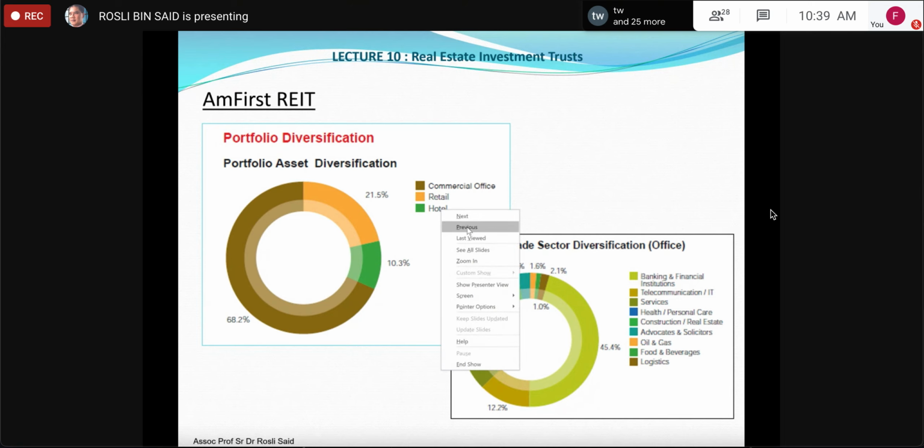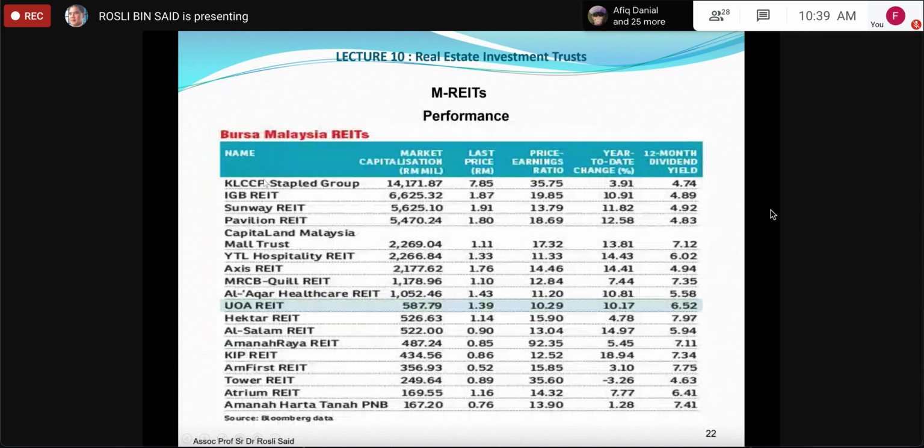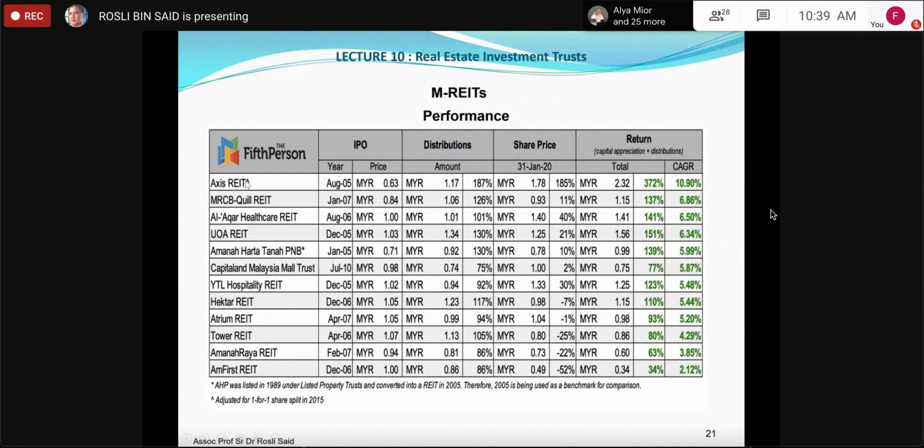So let us check the price of first rate. First rate, okay. In December 2006, the price was 1 ringgit. So 1 ringgit is actually the book value.